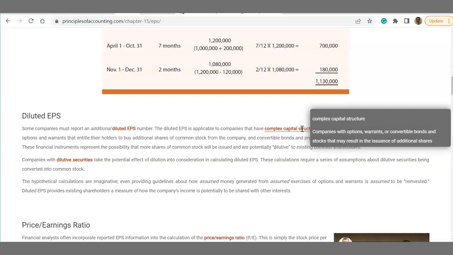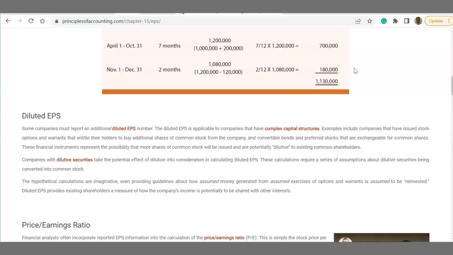That's why we call them complex capital structures. Those are capital structures of a company that has some options, warrants, convertible bonds, or something like that, that can be converted to common stock and dilute the weighted average number, which is like here, 1,130,000, for example.